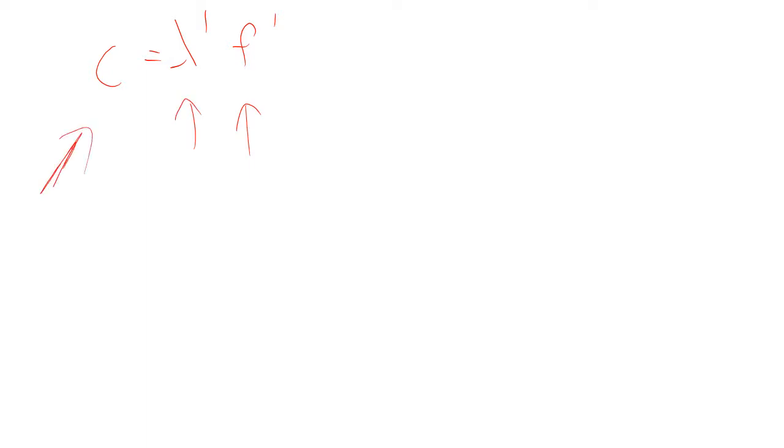Obviously the speed's going to be the same. So lambda prime, we said, was equal to lambda naught minus the velocity of the source times the period. Well, the period is 1 over f naught, the frequency right here.